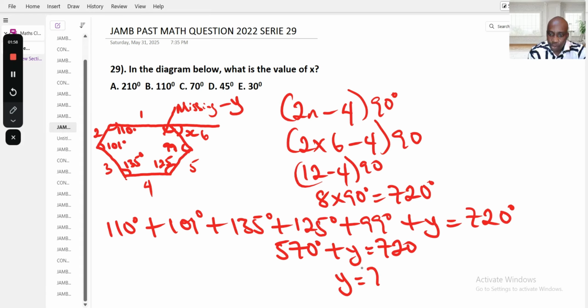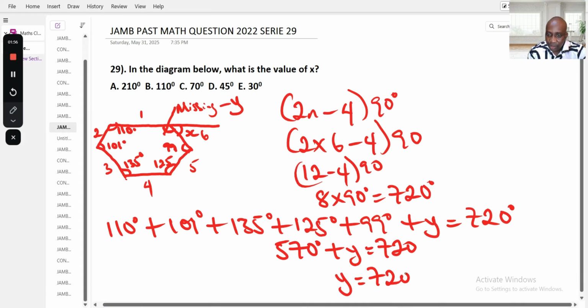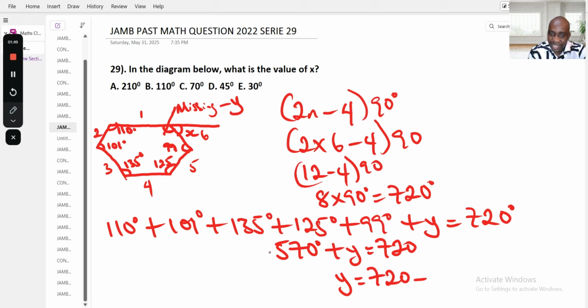Therefore y is equal to 720 minus 570. When you move 570, there's nothing there, it means there is an invisible plus there. By the time you move it across the equals sign, it changes to minus 570. Therefore, we are going to have 150. Our y equals what? 150. This is the one that is missing here.